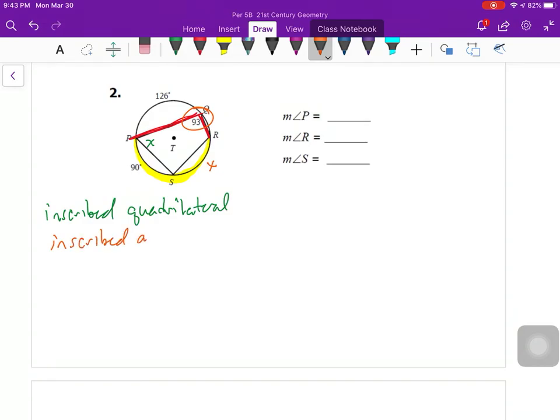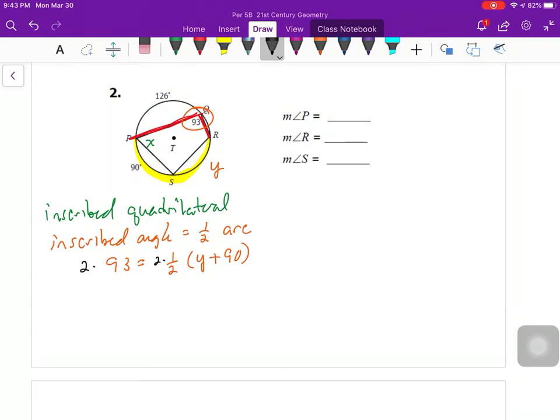I would know that this inscribed angle equals half of its arc. So the 93 would equal half, and I don't want to use x in two spots, so I'm going to call this one y out here, would equal half of y plus 90.